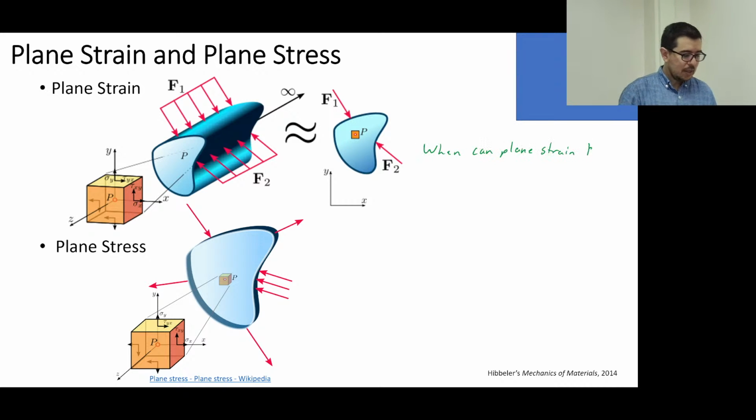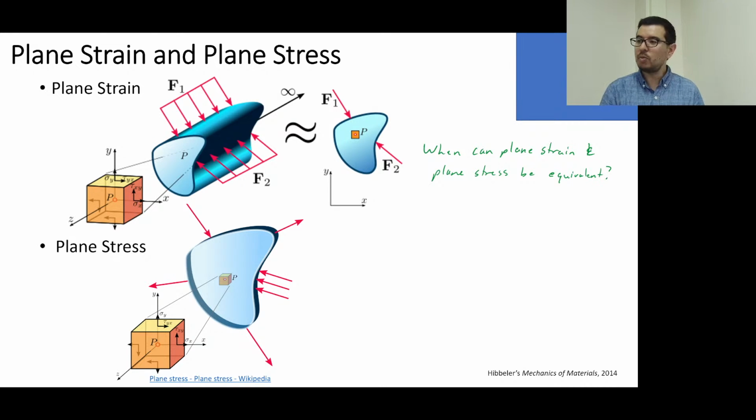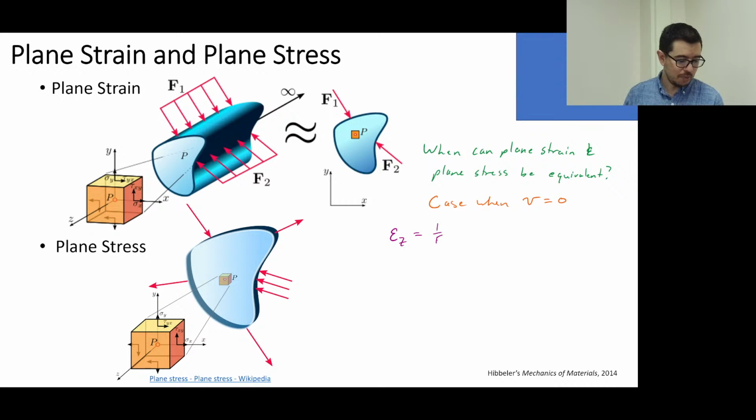Now, when can plane strain and plane stress be equivalent? This is maybe a little brain teaser. It's the case when the Poisson ratio is equal to 0. What are we talking about? Epsilon z equals 1 over E times this expression. Remember this? We all love this. Well, maybe we don't love it, but we respect it.